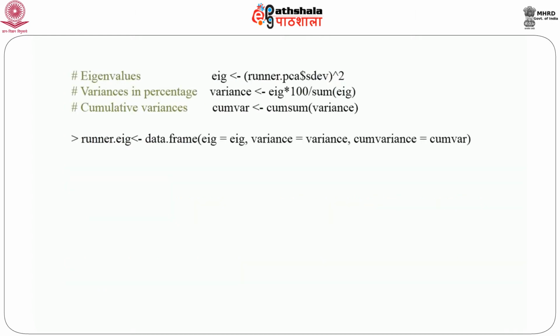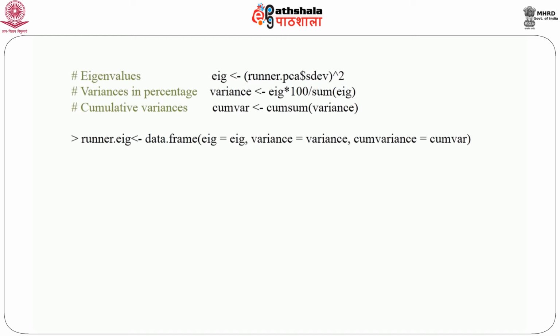So, we first find the eigenvalues of the correlation matrix R. As I mentioned before, if we extract the component sdev from the R object runner.pca, this gives the square root of the eigenvalues. So, we basically square them to obtain the eigenvalues.